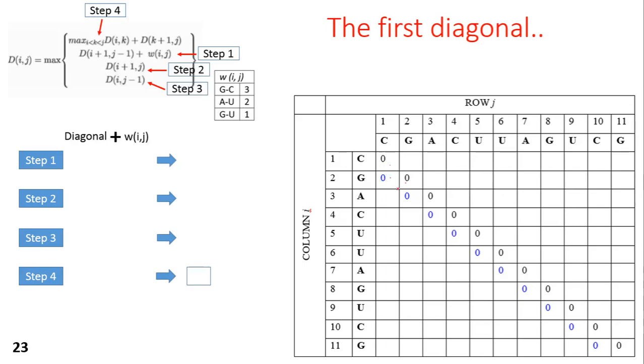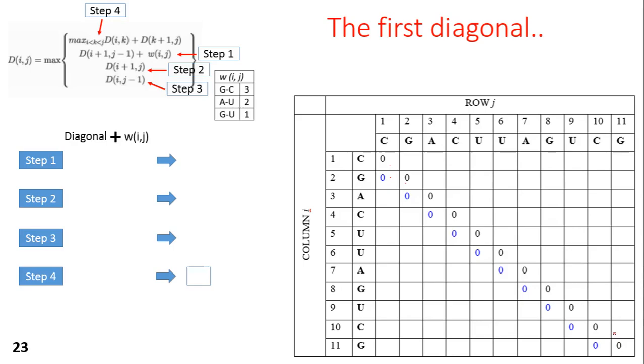Therefore, we have populated with the value of 0 so that it becomes efficient for proceeding further for calculating the subsequent diagonal values. Okay, so now in the case of this first diagonal, that is a very easy step.